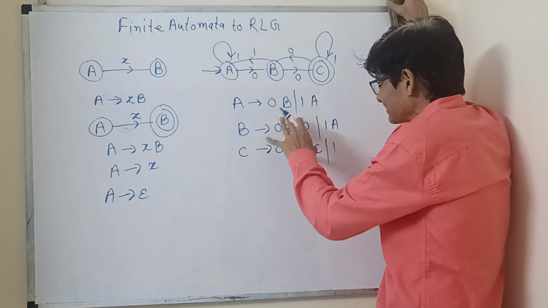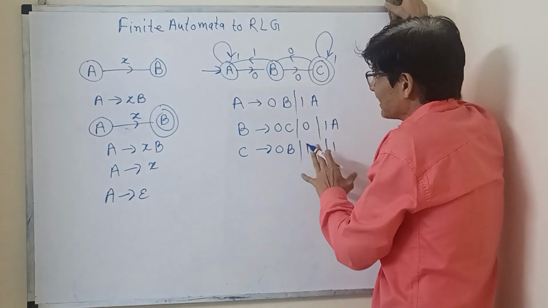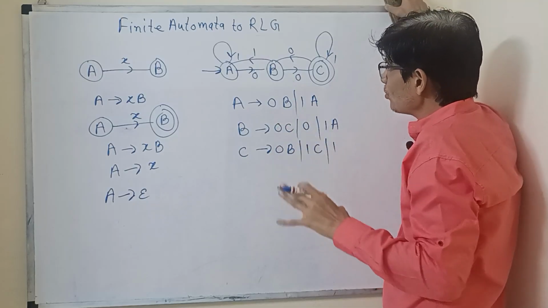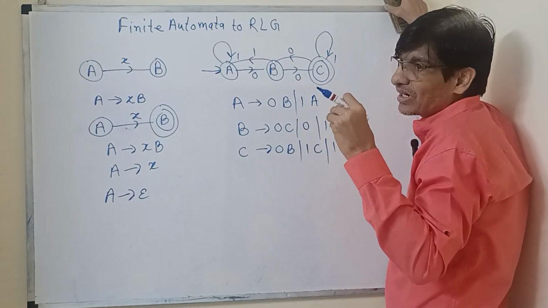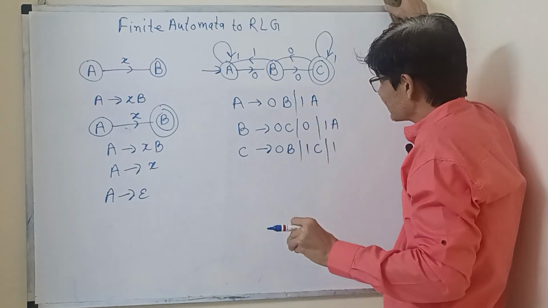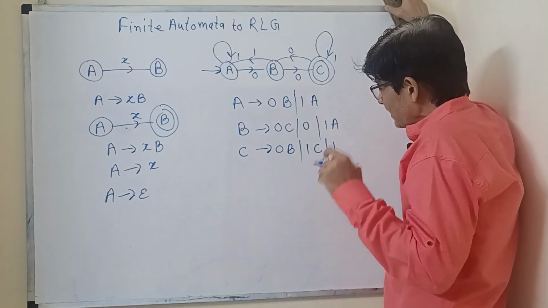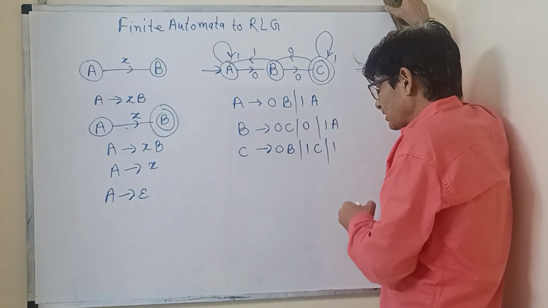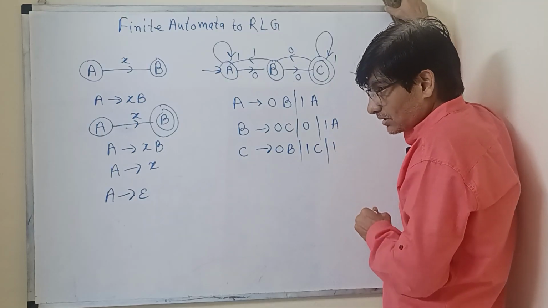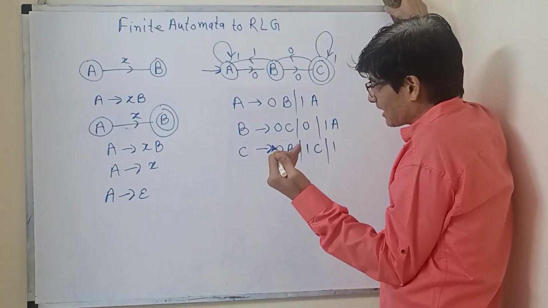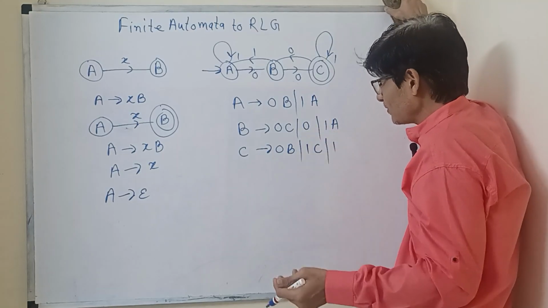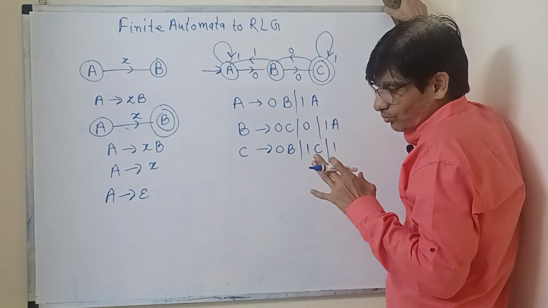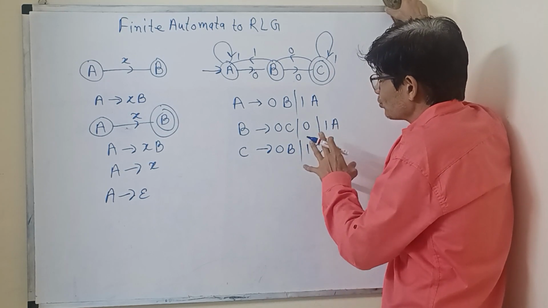Now these are the production rules that, according to this finite automata, we have created. Now we will check whether any variable or productions are useless or not. If any variable is on the right hand side of production rules, but no production rules are there for that particular variable, you will consider this a useless variable, and you can remove it.